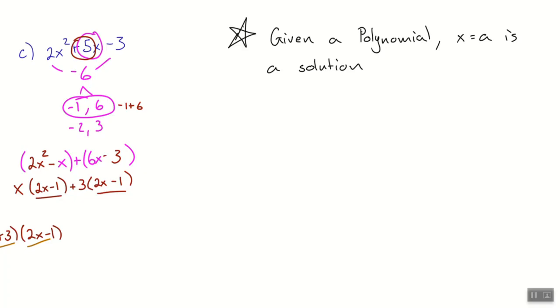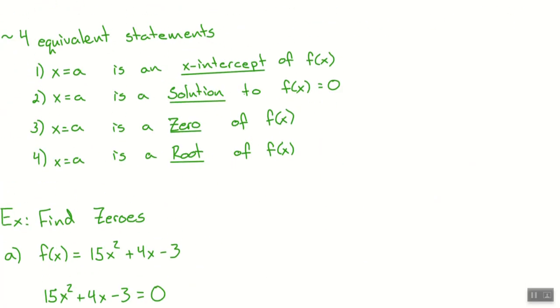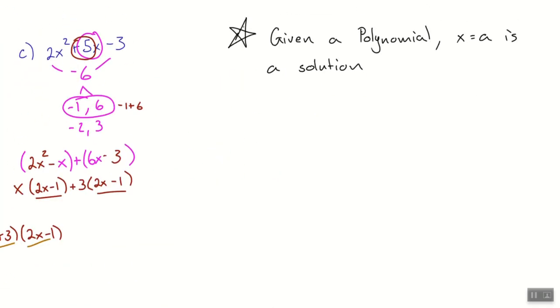A solution, a root, a zero, and this is going to be a freebie for number 16. Intercept. X-intercept specifically. We have a last little piece that might sneak in with those if we wanted to.